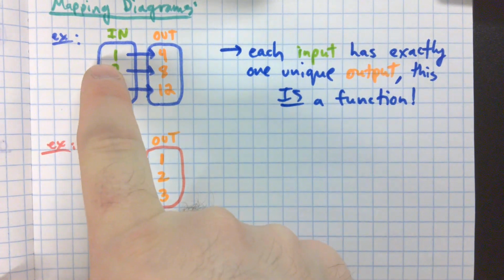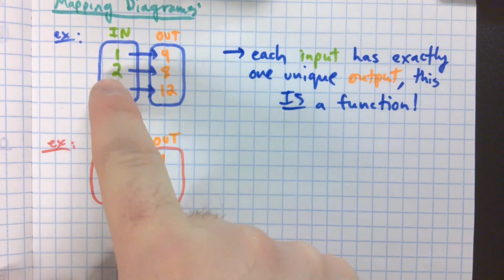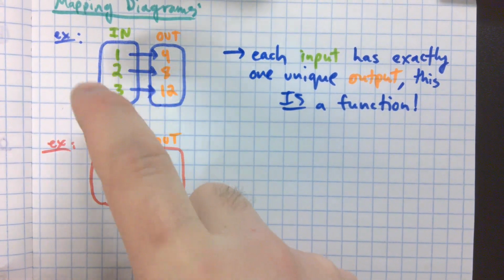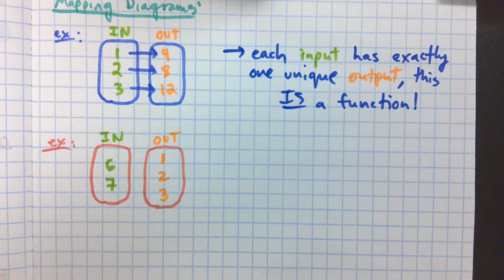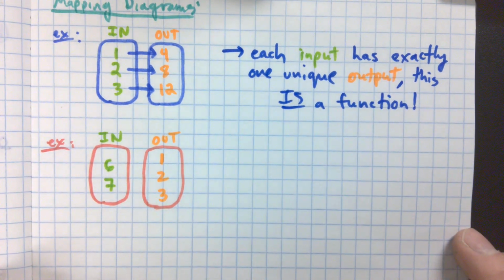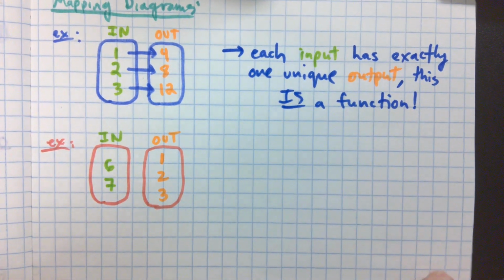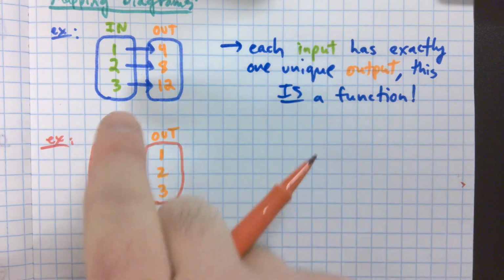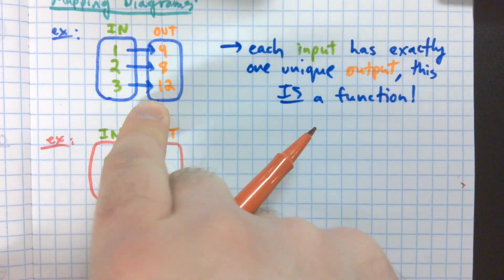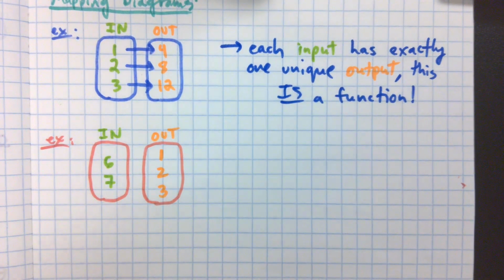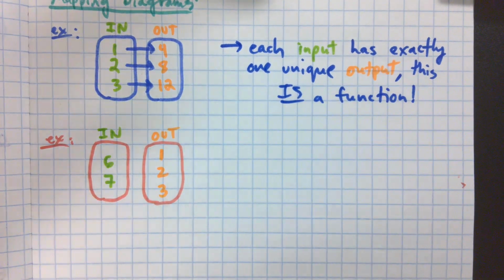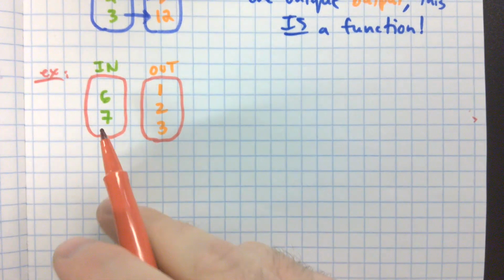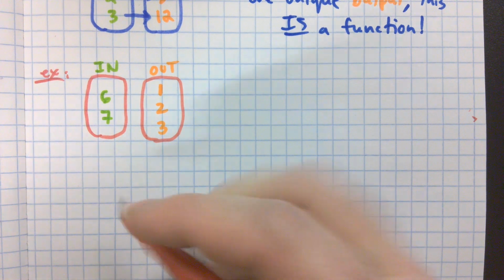Right? If we put in a 1, we get out a 4. If we put in a 2, we get out an 8. If we put in a 3, we get out a 12. Each input has exactly one unique output. This is a function.